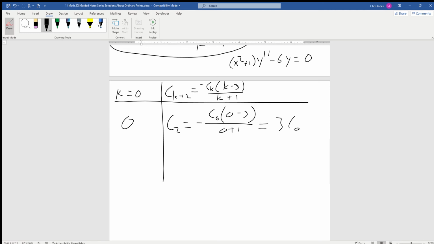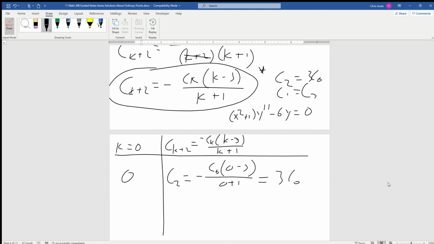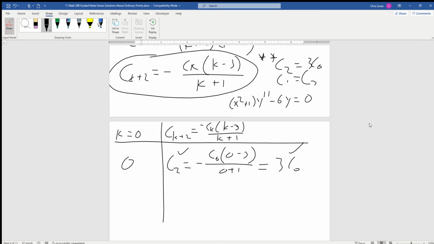Why is that not shocking? Remember when we solved all of those coefficients, we saw that C2 was equal to 3C0. This is more of a check at this point. If those two things don't equate to one another, then you probably have to go back and redo your generating function to make sure that your recurrence relation truly is algebraically correct.